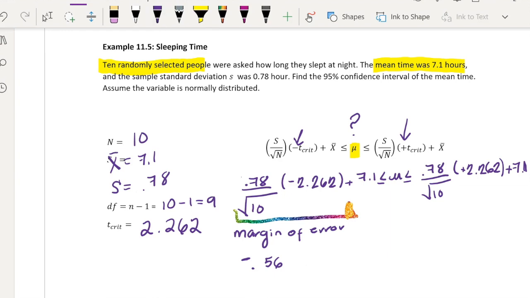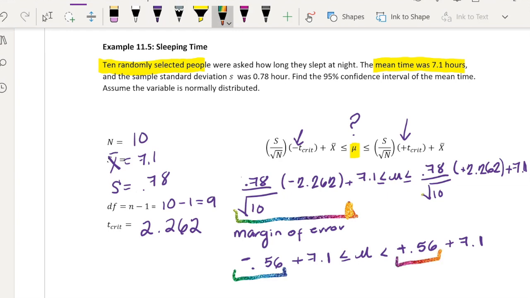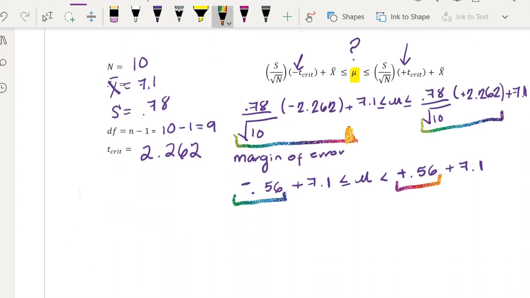And then I have mu. I don't have mu. I have plus 7.1 minus the margin of error, 0.56. You don't have to put the positive. I'm just doing it because I'm showing you how to do this. So this section is the margin of error. There you go. Scrolling down a little bit.